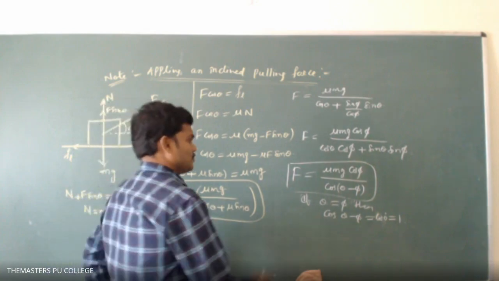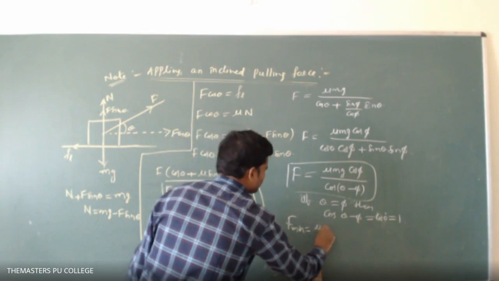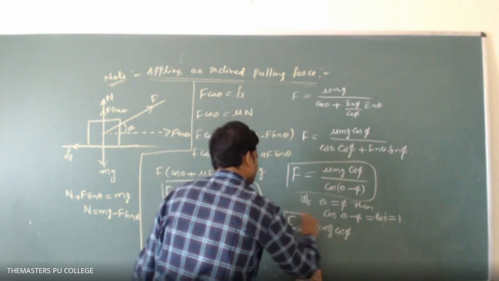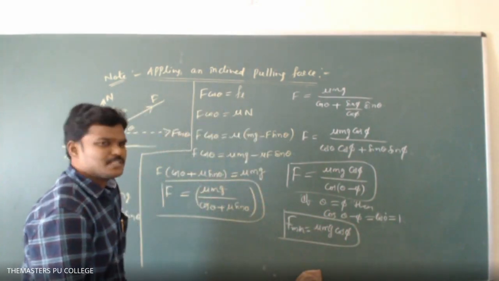So what is the minimum force now? F minimum is equivalent to mu mg cos phi. If you substitute mu as sin phi by cos phi, cos phi cancels.